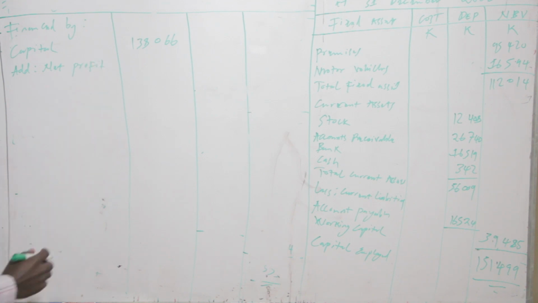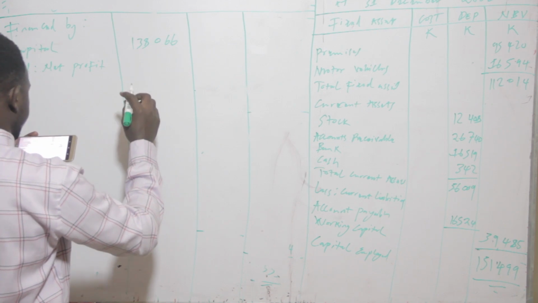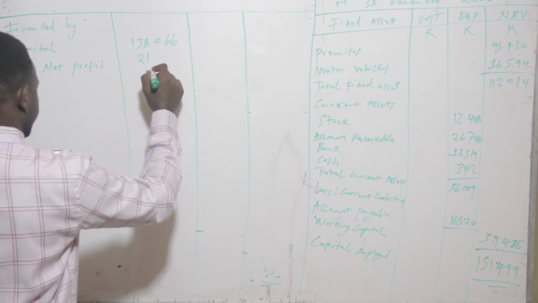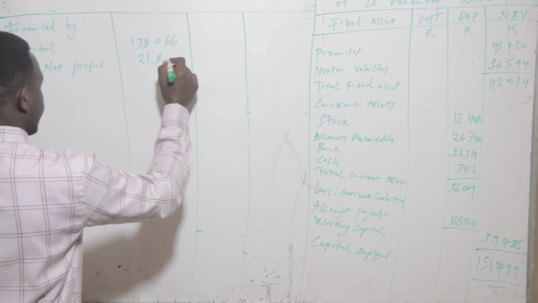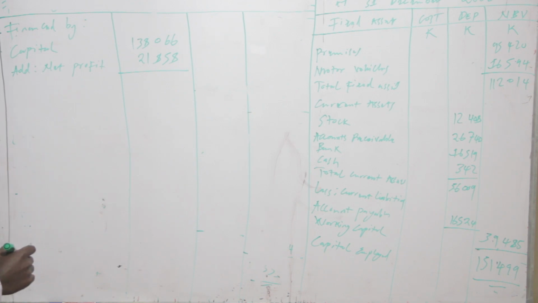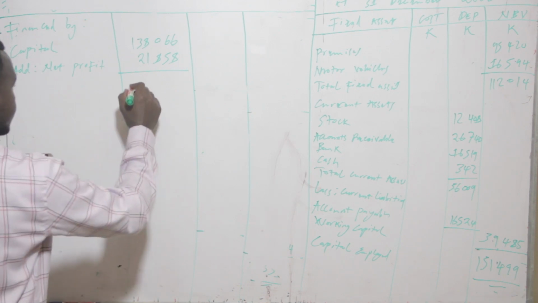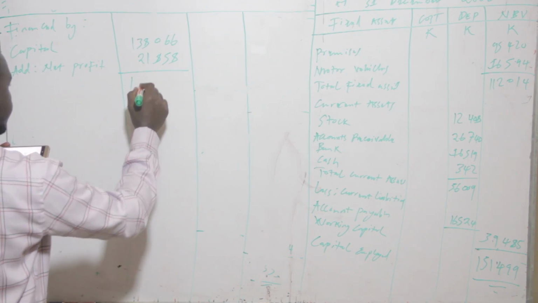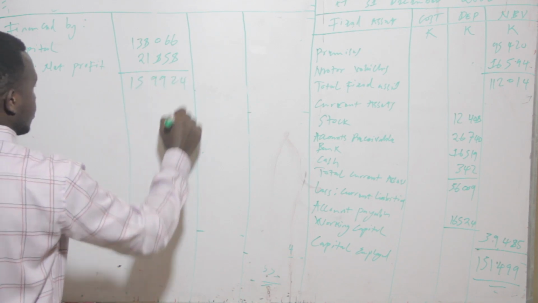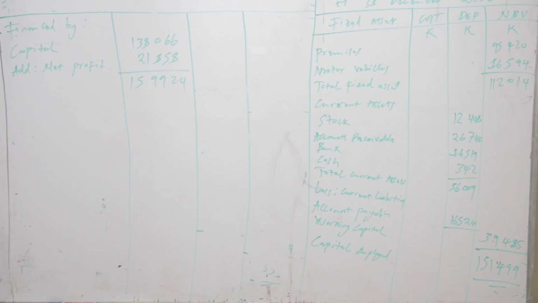The net profit that we had calculated is 21,858. So we are going to add there, and the answer that we're going to have is 159,924.